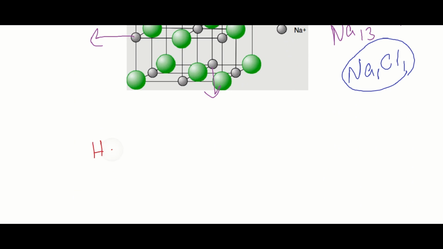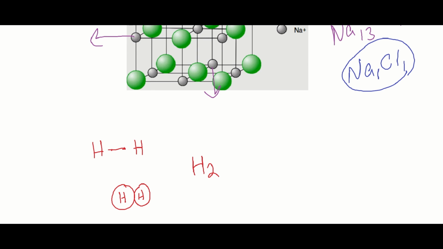A hydrogen is the nonmetal with one valence electron, and if two hydrogens share a pair of electrons, they achieve the octet. Then that hydrogen molecule, now we say, is made up of a discrete number of hydrogen atoms, in this case 2. So when we write the formula, it's H2.